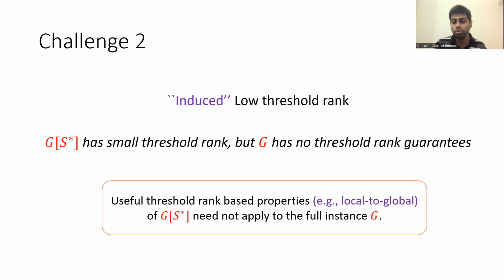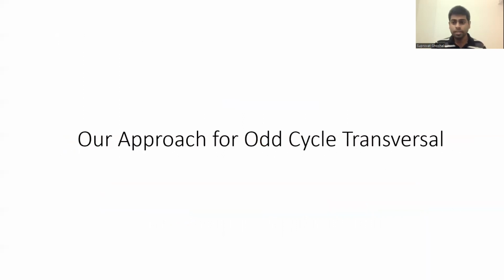And it's not clear how to use those properties immediately for the hidden subgraph. So these are the obvious challenges which immediately tell us what to fix. And it's obvious what to fix, but how to fix them requires more ideas.